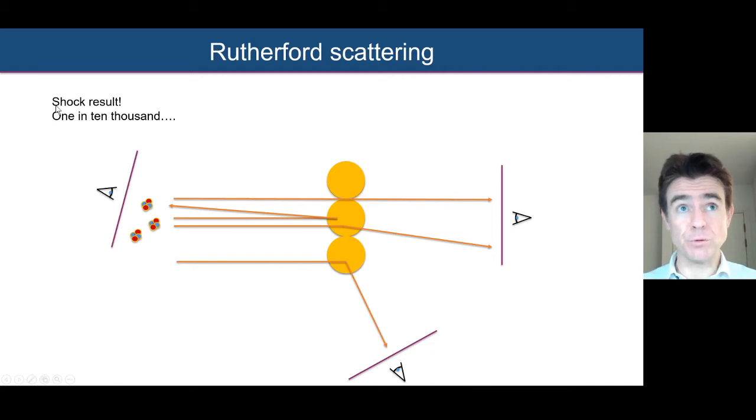And then this was the real shock result, that there was even complete back scattering of the alpha particles. Roughly 1 in 10,000 of these alpha particles would more or less fully backscatter, and so you can look almost at 180 degrees and still see scintillation light, in other words, alpha particles incident on the fluorescent screen even at those very wide angles.